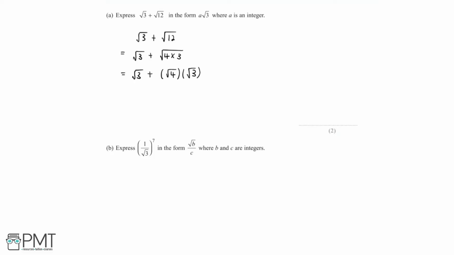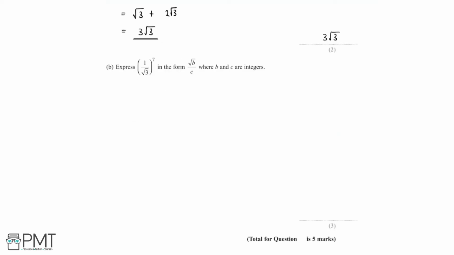And so we end up with root 3 plus root 4 multiplied by root 3. We can simplify root 4 because we know that the square root of 4 is equal to 2. And so we're left with root 3 plus 2 root 3. Now root 3 plus 2 root 3 is equal to 3 root 3. And so we've found that root 3 plus root 12 is equal to 3 root 3. And so we've now written this in the form a root 3, where a is an integer equal to 3.